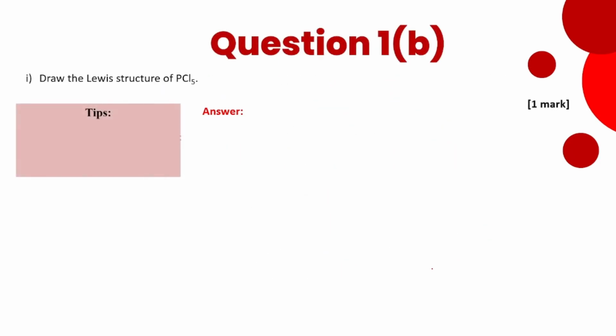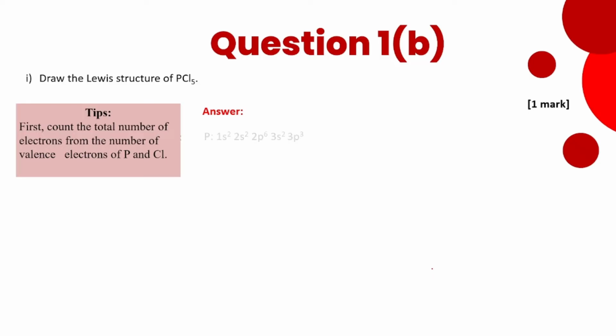Next, for question 1b, we need to draw the Lewis structure of PCl5. The tip here is simple. First, you need to count the total number of electrons from the number of valence electrons of P and chlorine, which is phosphorus and chlorine.